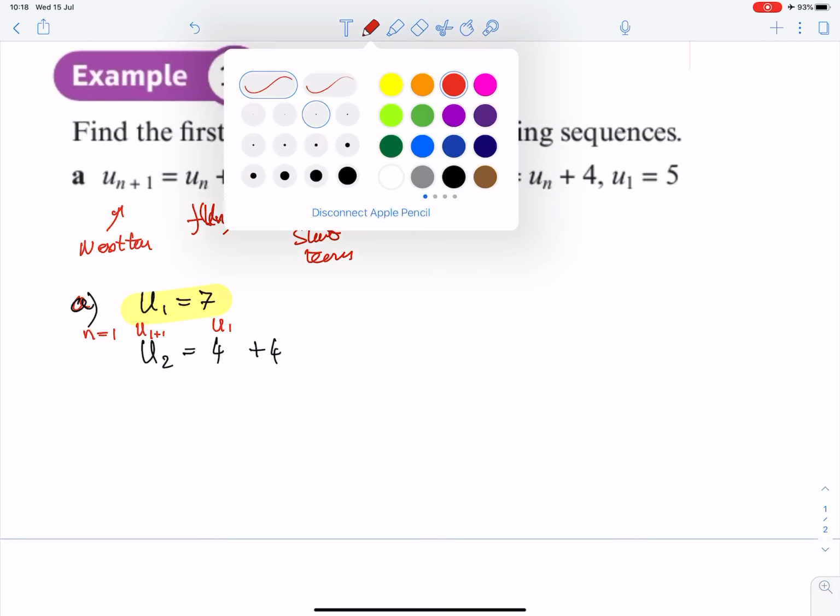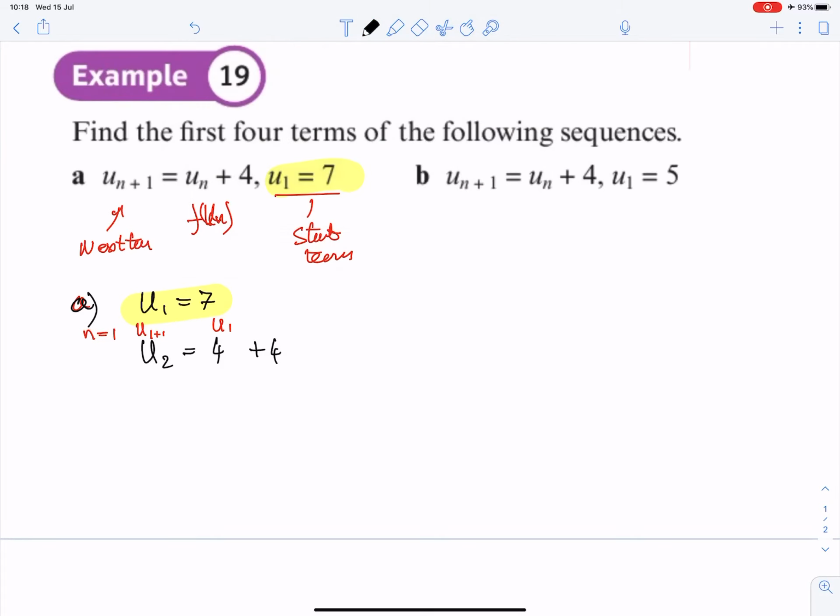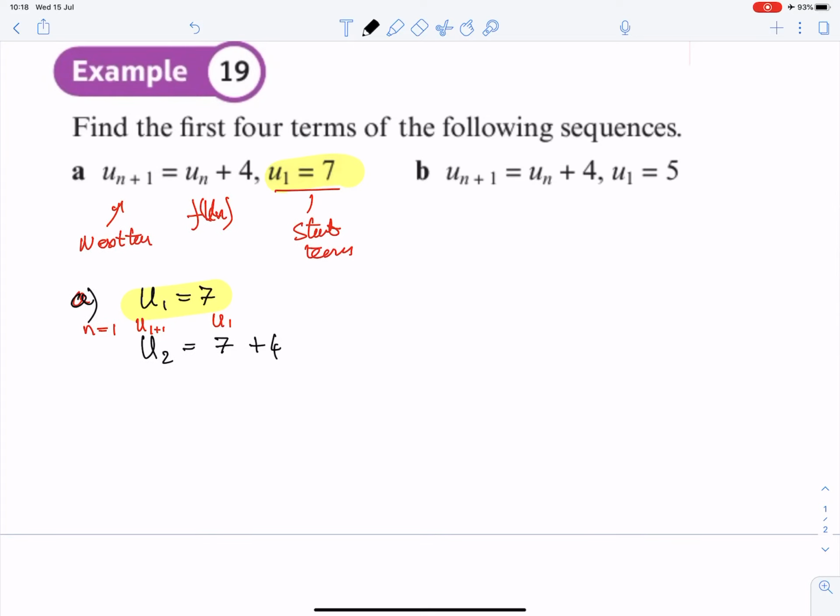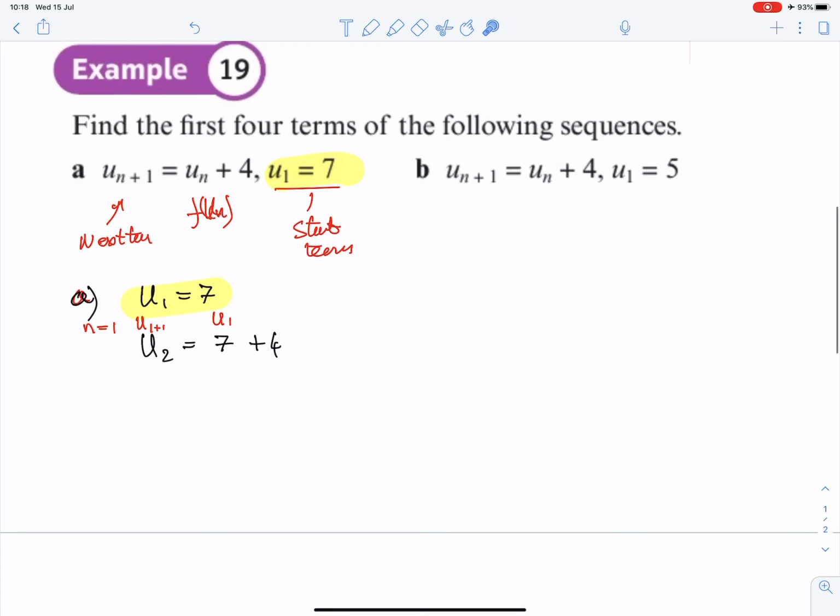So we've now got, whoops, I've written the wrong thing in there, haven't I? U1 was 7, sorry. Okay, so when n equals 1, we get U_(n+1), which is U2, and U_n, which is U1. So U2 is U1 plus 4, which was 7, to give 11. Substituted into here.